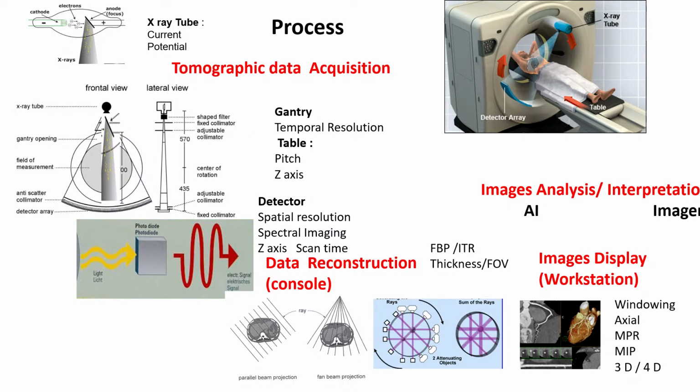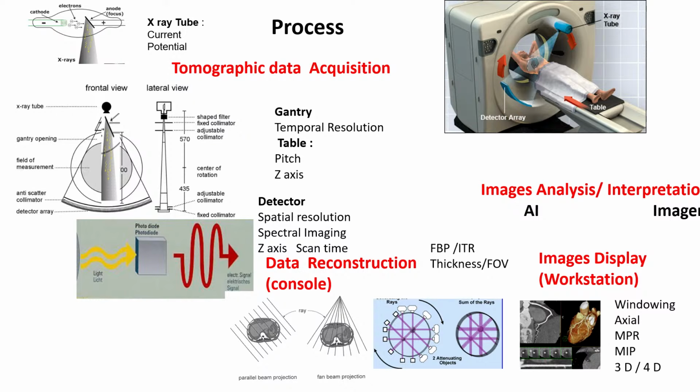The basic process is we have to acquire the images first. So again, I'll show you here, the X-ray tube, apply current and the potential. That's how you can program that in your scanner and rotate around the patient, and the detector captures the images.